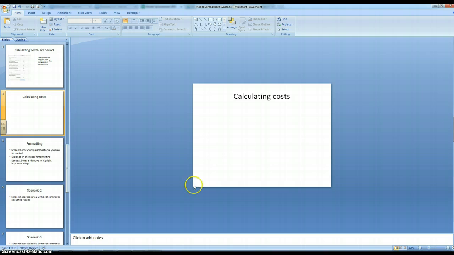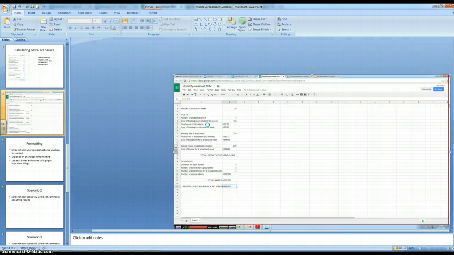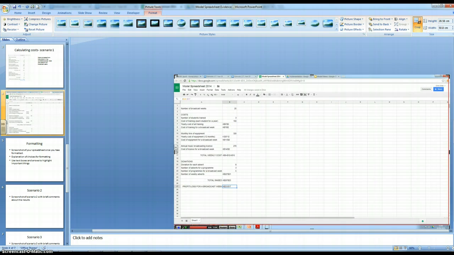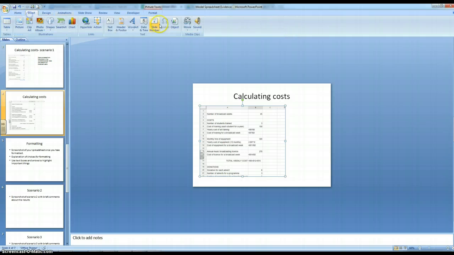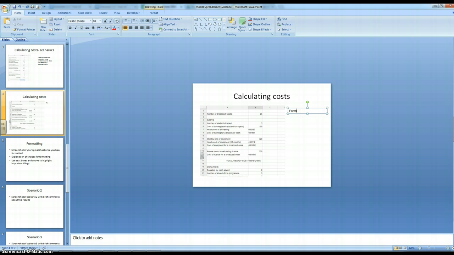Again, make another screenshot and put that into there, crop and scale down. You could then make some annotation to say that this is the formula view for scenario.